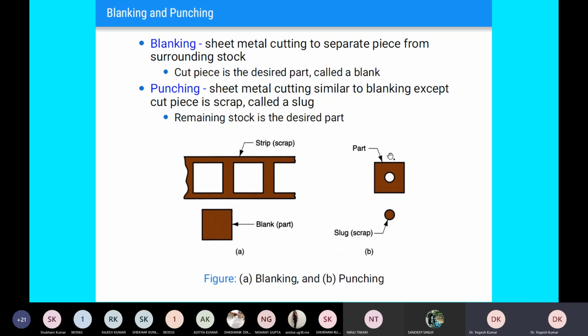But in the case of punching, what is the required part? That is the hole. This portion is your required piece.